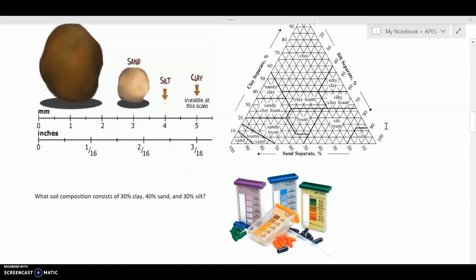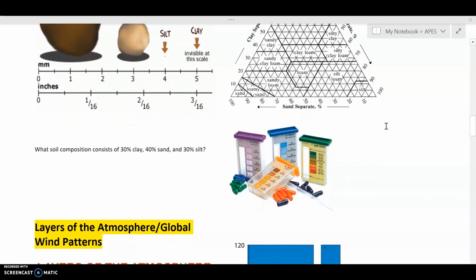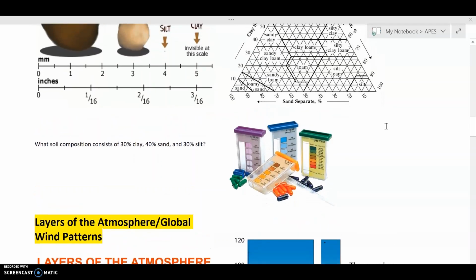You shouldn't be too worried about that section of the test. And another quick thing they mention on the College Board or on the AP test, or just AP in general, is that there are ways to test your soil.